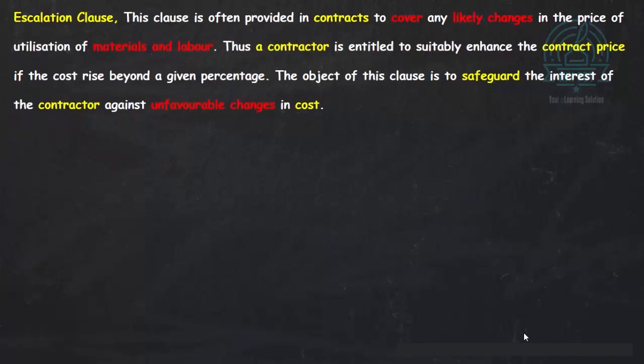Now, before moving further, I just want to recap a few more terms which we did in the previous video, because these terms will be used in numericals further. One term which we did was, I suppose, work certified. So, what is this work certified?